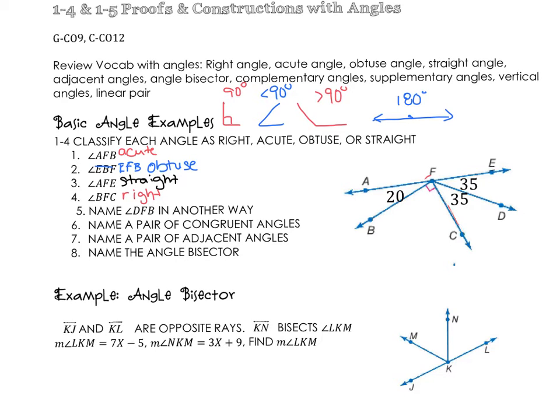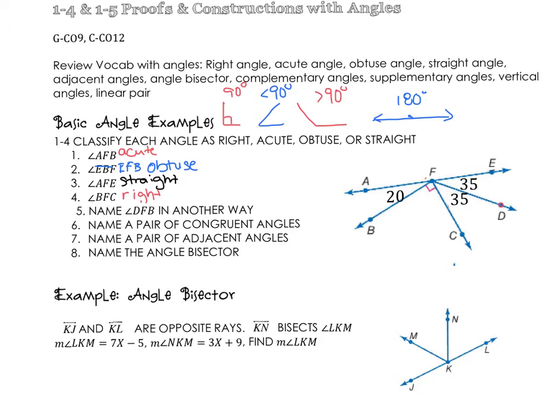Okay, now it's going to ask to name angle DFB in another way. So when you're naming angles, all that you have to remember is the vertex. The vertex has to be in the center. So let's find DFB over here.